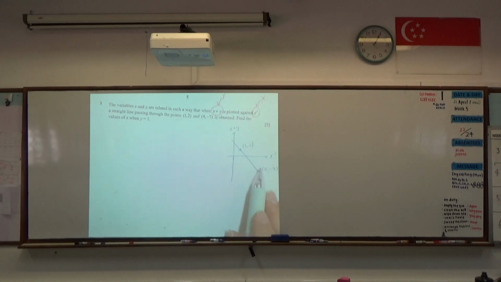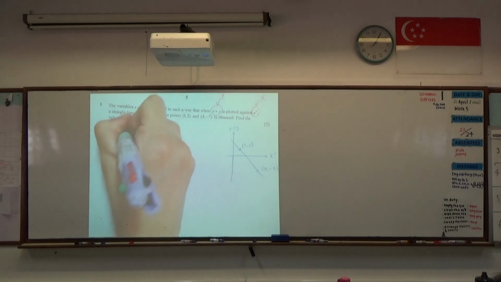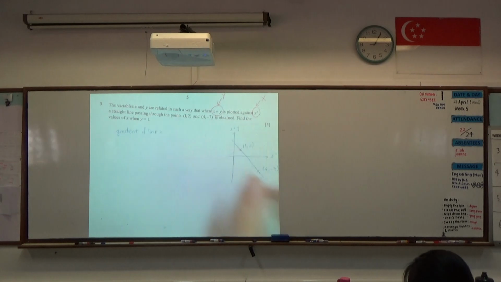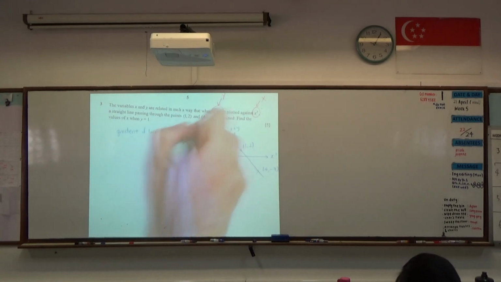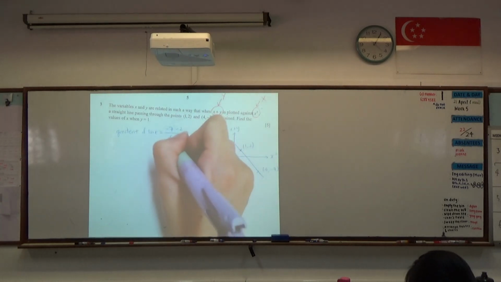So in your usual linear law applications, we always go and find the gradient. We always go and find the intercept value. But in this case, it might not be easy to find the intercept since you're not drawing the graph at all. But let's go ahead and find the gradient first. Using your gradient formula, difference in the y coordinates over difference in x coordinates, we will get -3.